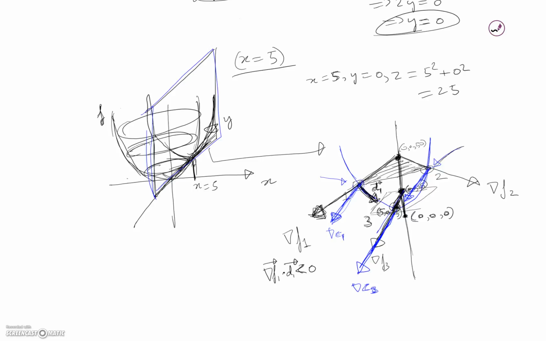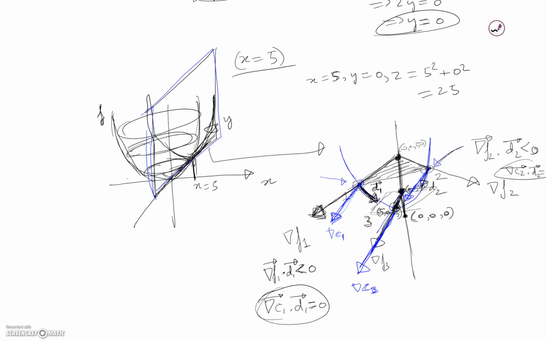Similarly, at point 2, let's call the direction along the parabola d2. We again see that del f2 dot d2 is less than 0, while at the same time del c1 dot d1 is equal to 0, because del c1 is perpendicular to the entire plane, and del c2 dot d2 is also equal to 0.